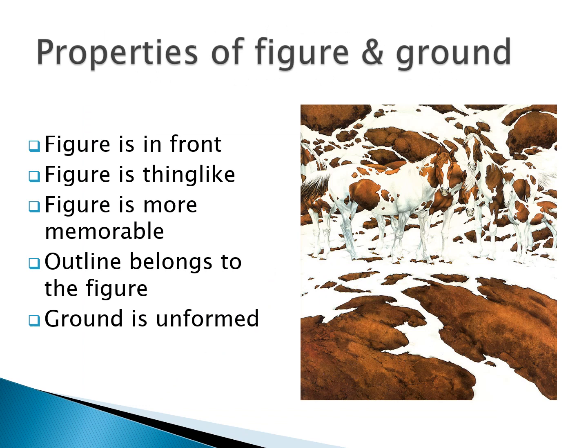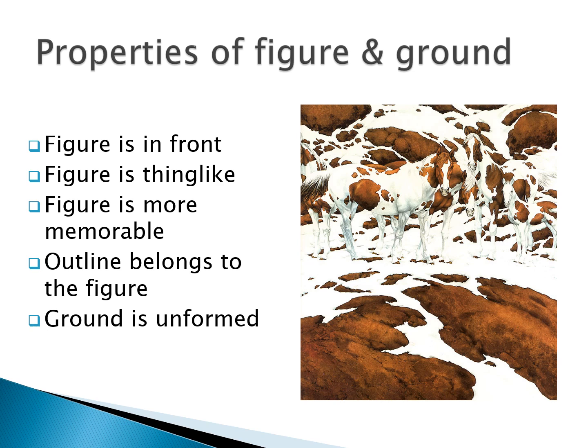And here is the slide where I usually go through those aspects of figure versus ground, trying to make it really clear that the figure is in front. It is the thing. It is more thing-like. It is more memorable. I am going to say that that's specific to certain cultures.